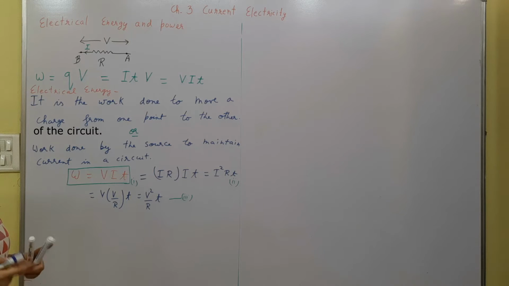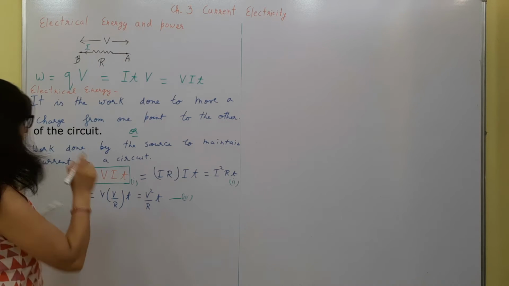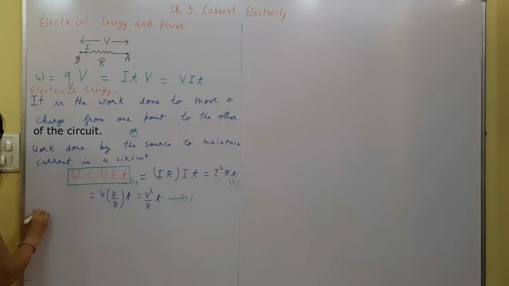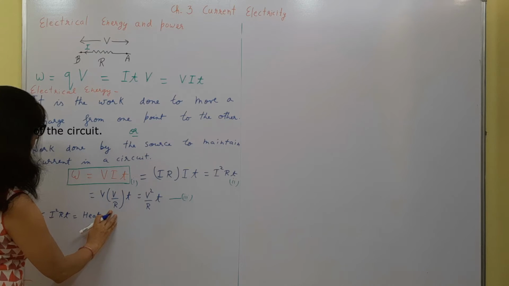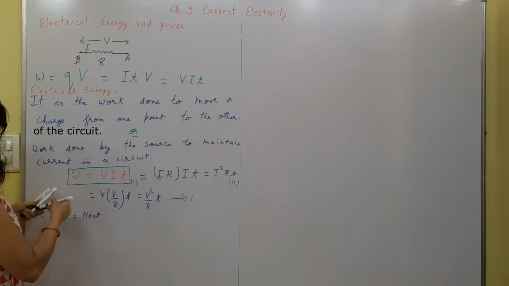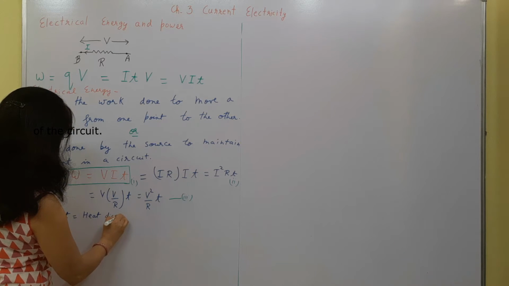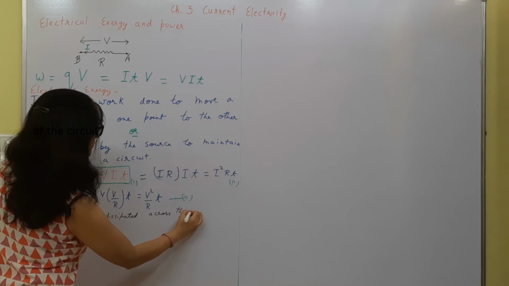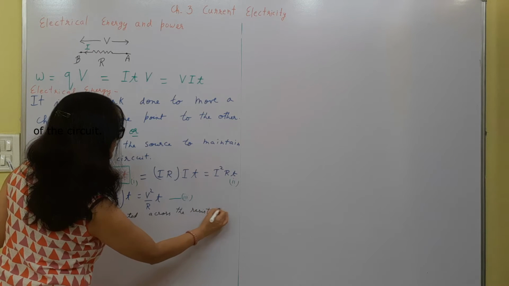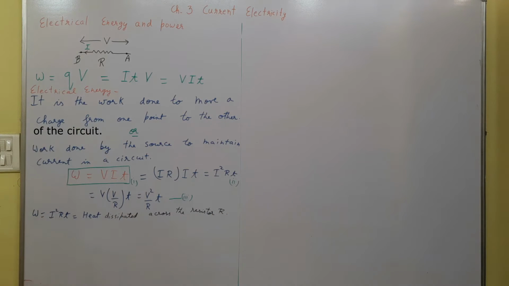And the second form also tells us that this electrical energy is dissipated as heat across this resistor. So this W is equal to I square RT. This gives the heat dissipated across the resistor R. Right?